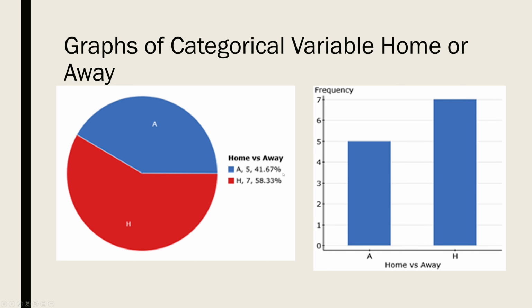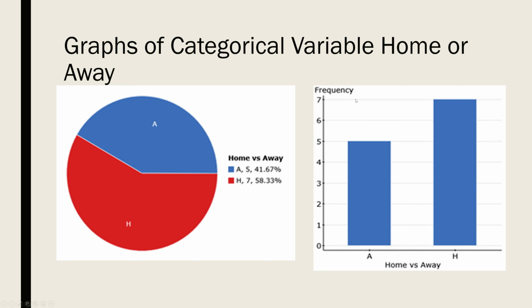This is the example of a pie chart. A represents away games, H stands for home games, and we have 5 away games and 7 home games. The area of A is 41.67% of the circle, and for home games, we have 7 home games, and the area of home games, the red part, is 58.33% of the circle.